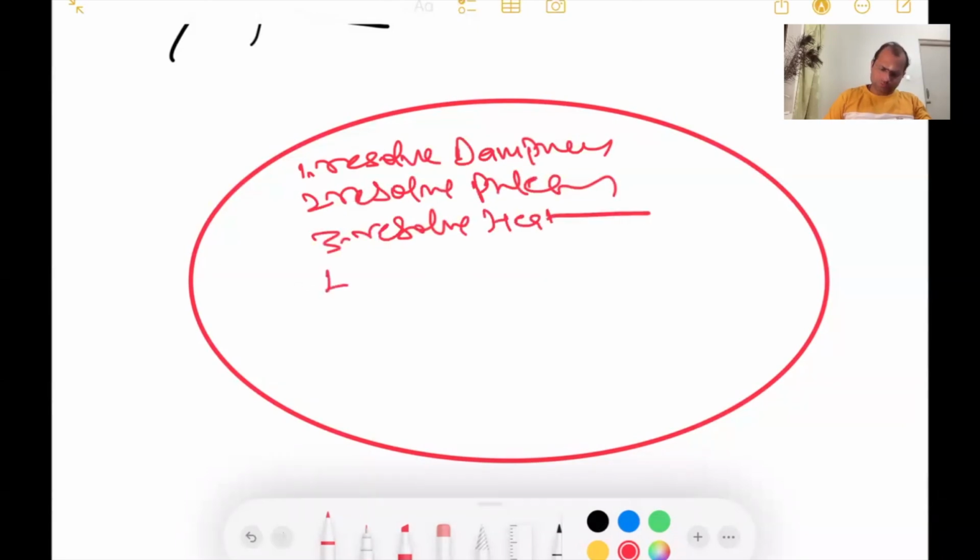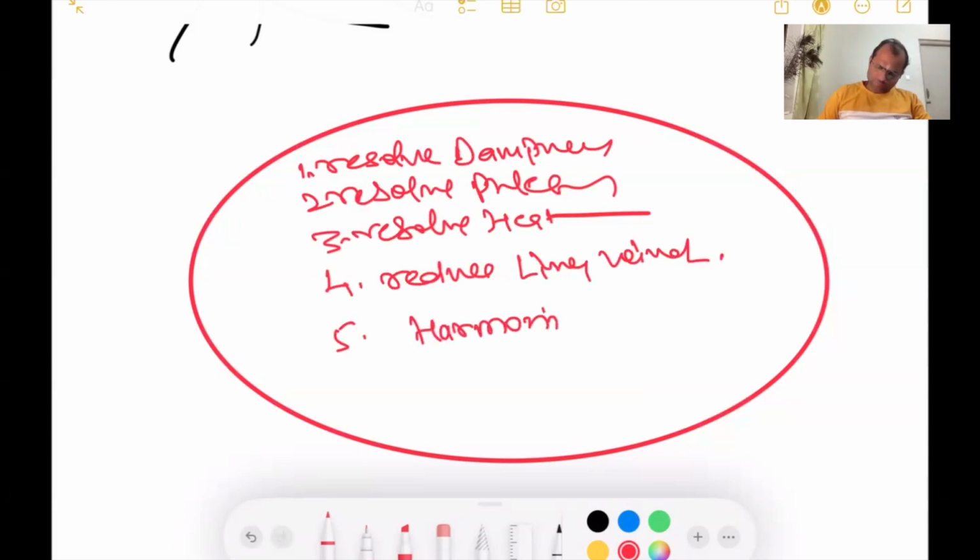Now reduce the liver wind, and harmonize the shen of heart. Heart is the place of shen. The meaning of shen is the divine energy. So this is the treatment. Right?